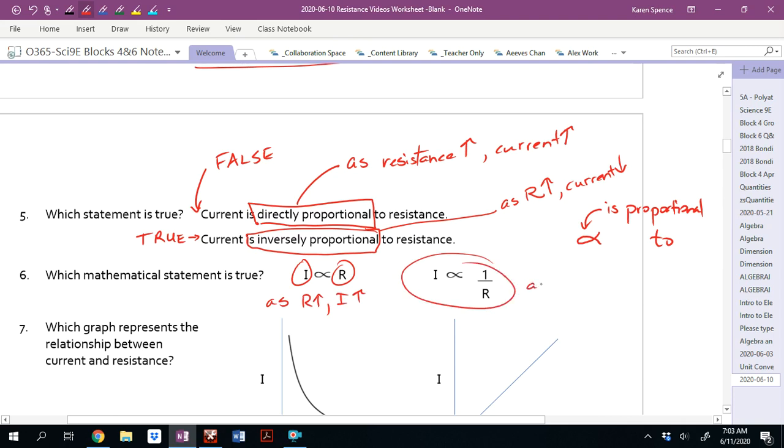This one here means as resistance increases, the current decreases. So you can imagine if I had a number 2 down here, that would be like a half. If I was to double the resistance to 4, now I would have 1 over 4. The current would be 1/4 of what it was. I'm sorry, I really haven't had my coffee this morning, so my brain is a little foggy. So if I say things not so smart, that's what's going on. Okay, and this is the one that is true. This is the true statement right here.